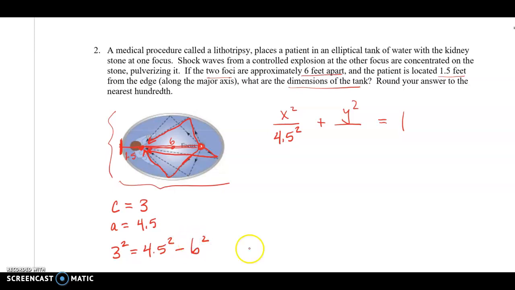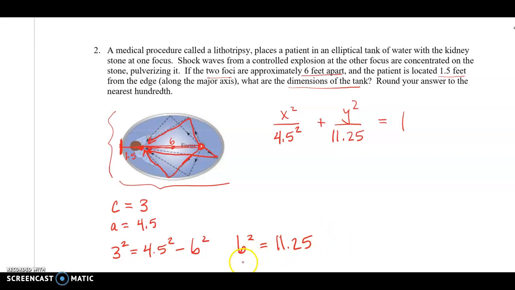All right, this one we're going to need to figure out. And really, all I care about at the moment is what b squared is. I go to my calculator and figure out what b squared is, which is 11.25. And so, as far as the equation, I could just put 11.25. That's the b squared value.